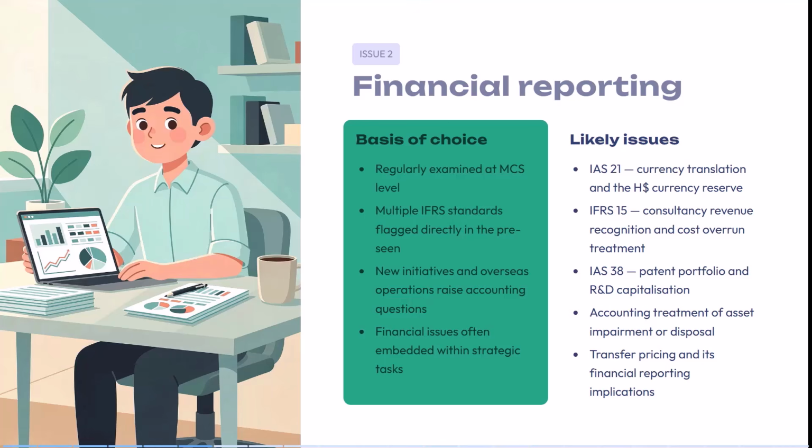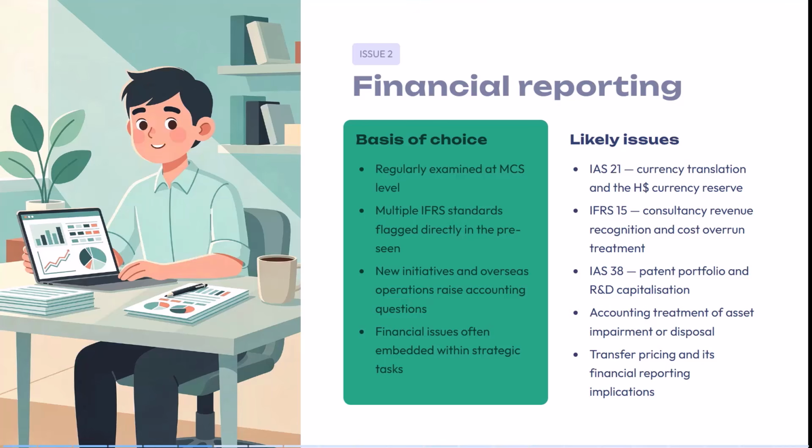IAS 38, well, we cover this in issue 1 in the context of the recyclability R&D, but it can also arise in relation to the existing patent portfolio. So we know there's a static 142.6 million balance, the amortization question, and the accounting treatment of a specific patent. Transfer pricing and its financial reporting implications finish this off.